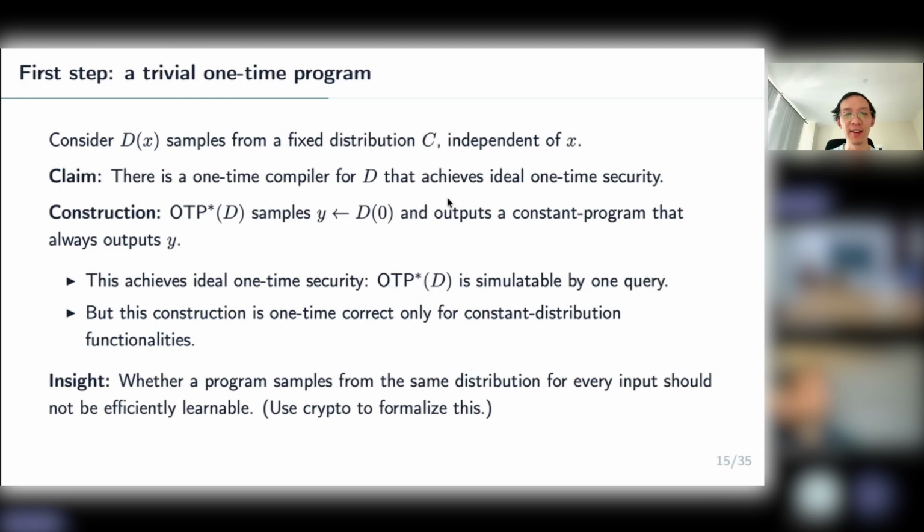So the insight here is that if a program is trying to hide from you whether it is actually using the input or not, and it has a randomized output, then you should not be able to really distinguish whether this program is always outputting the same distribution for every input or not. And this is where we use crypto to formalize this efficient untestability notion.